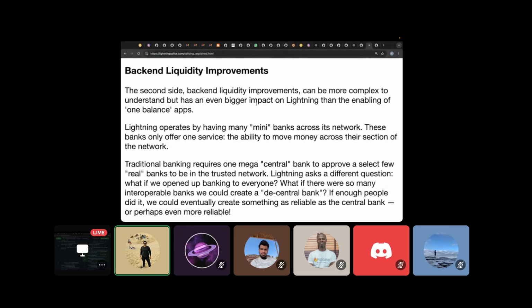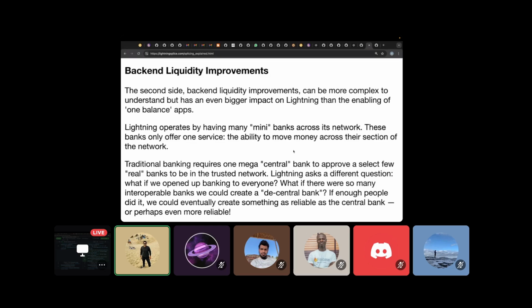Now, what are the backend liquidity improvements that would be there once splicing is implemented into the network? If you are a routing node, you act as a mini bank and you have channels with maybe hundreds of peers in the network.